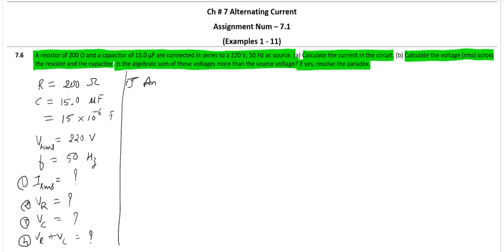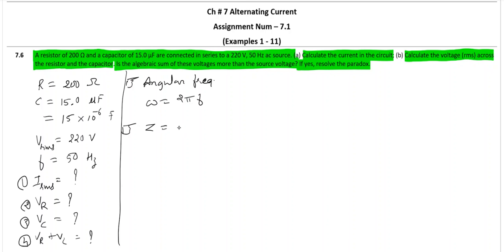So, angular frequency of the source is omega, which is equal to 2 pi f. You can substitute values and carry out calculations. Next is to find out Z of the circuit, impedance. How to find out impedance?